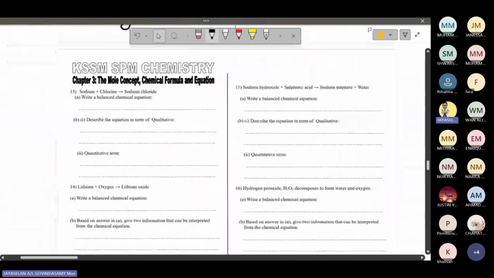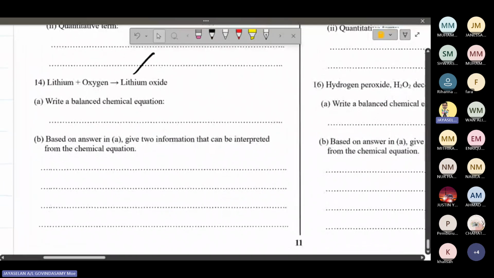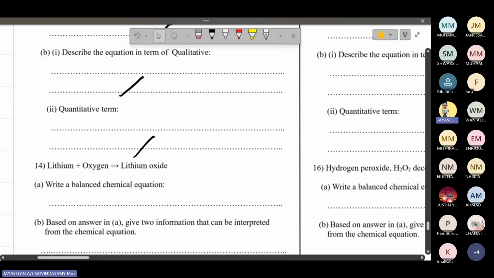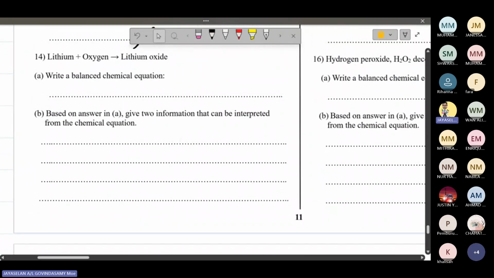Look here. For your homework, you do the equation, analyze qualitative and quantitative. Sometimes they change the question, you know. Don't be afraid when they change the question. That is why I change the question here. Sometimes they straight away ask the qualitative and quantitative. Sometimes they ask you to give 2 information.